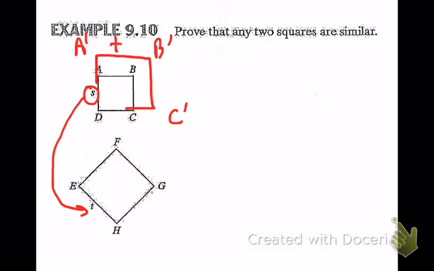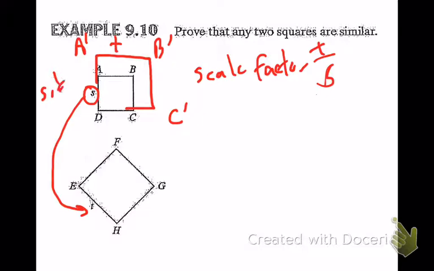So my scale factor is t over s. I wouldn't multiply times t, I'd multiply by t over s. S times t over s equals t. That's how I got this t. All right?